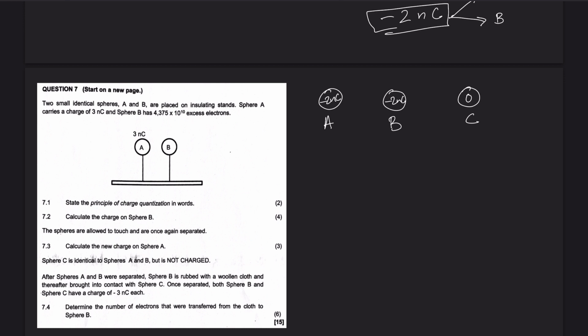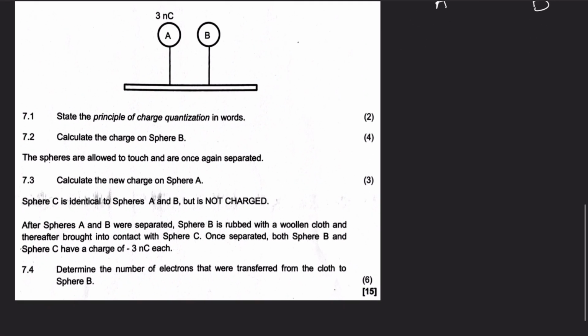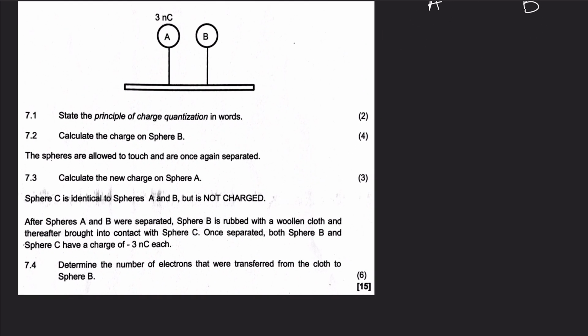It's not charged. Okay, they tell us that sphere B is rubbed with a woolen cloth, and thereafter brought into contact with sphere C. Once separated, both sphere B and sphere C have a charge of minus 3 nC each. Determine the number of electrons that were transferred from the cloth.